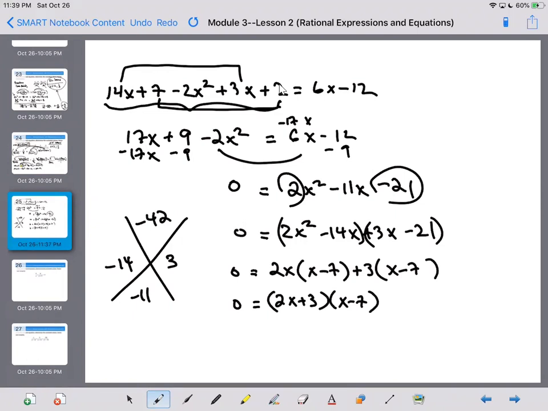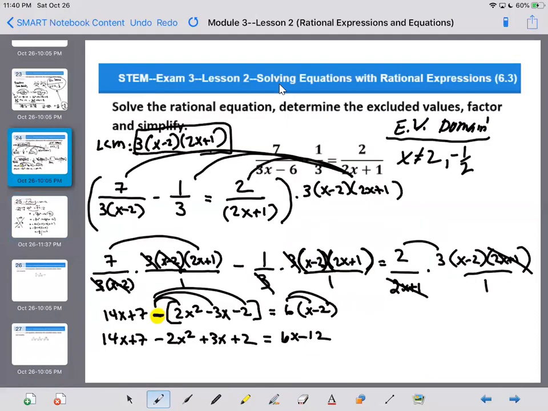So I actually have two answers here. I'm going to have x equal negative 3 halves, and I'm going to have x equals 7. So I need to double check. Do any of those cross check with my excluded values?